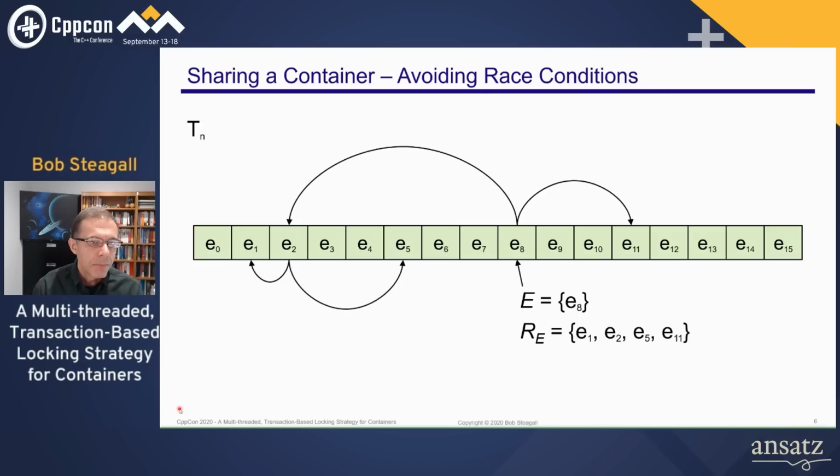So by transitivity, the related group for E8 consists of E1, E2, E5, and E11. In other words, if I need to update E8, these are all the other elements I may need to touch, that I may need to update in order to successfully update E8. So the update group for E8 is going to be that set of related elements plus E8 itself.